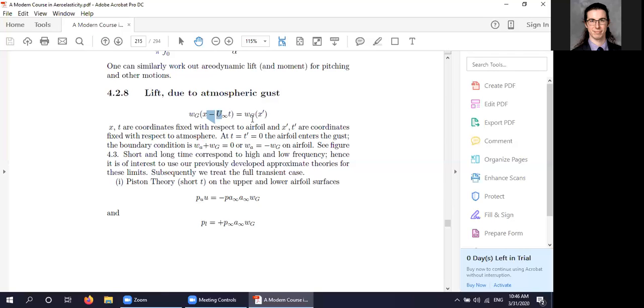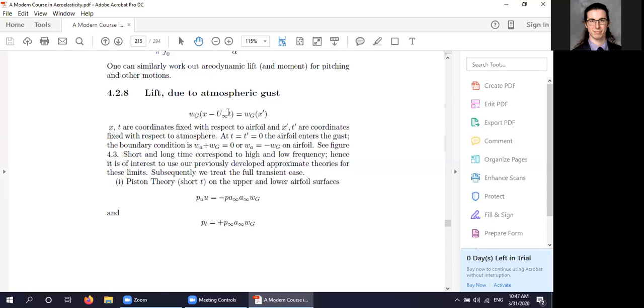The gust isn't uniform in space, it depends on, if you will, x prime, which is the coordinate in the direction of the flow, and in the coordinate system fixed with respect to the airfoil, that is the x-t system, that corresponds to what the airfoil sees as a gust, which depends on both x and t, but only in this special combination.